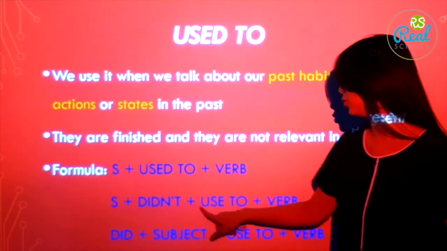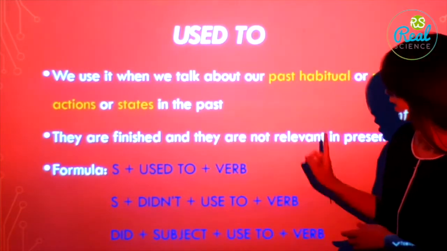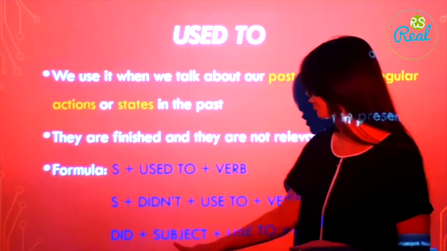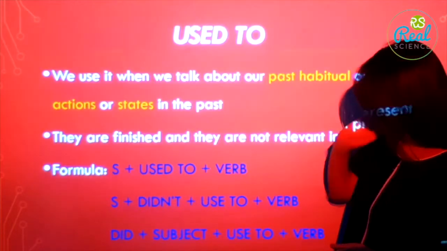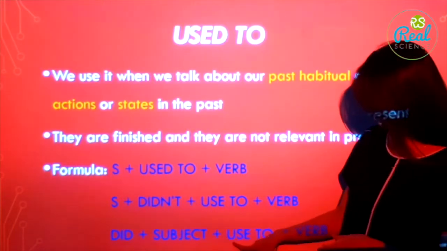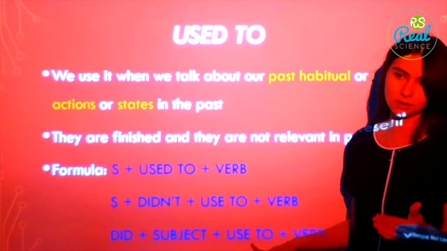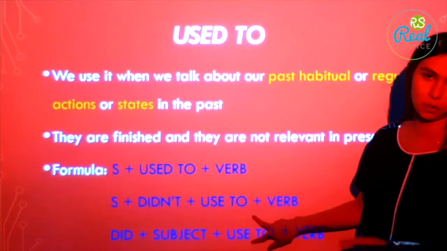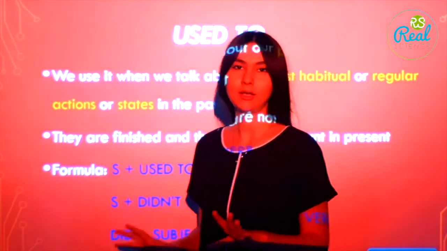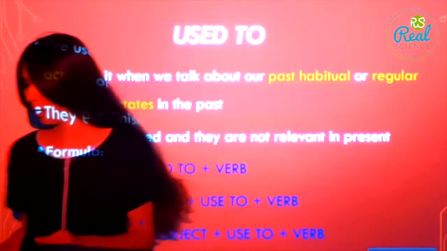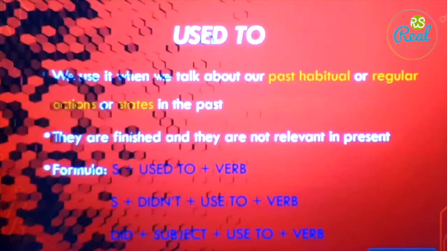We use didn't use to, not didn't used to. And we have the question form also. In the question form, we add did plus subject plus use to plus verb. Again, we just use use to, not used to, in negatives and in questions. So pay attention to this one. No questions regarding this? No. Good. So let's continue.